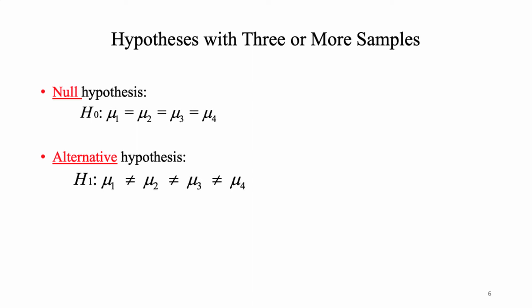But in reality, there are 6 different pairs. And we would reject the null if any one of the pairwise expressions is true. For example, if we find that mu sub 1 is not equal to mu sub 2, then technically we're not accepting the alternative hypothesis, but we'll reject the null. Thus, when we reject this omnibus null, we assert that at least one of the pairwise nulls is not true.